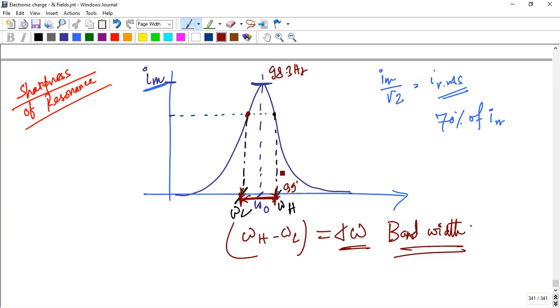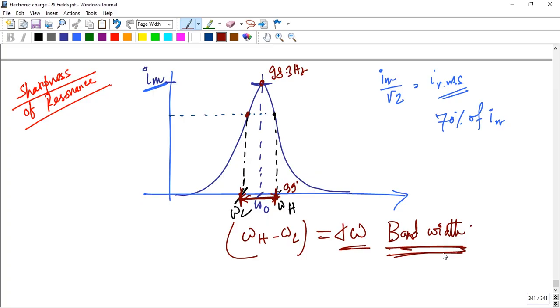Below that, suppose 97 or 96, there is huge noise, meaning almost zero output. If you listen to the radio there, the quality is very poor, and at this point the quality is very high, good quality, and in between these two you also get good quality. That's why this bandwidth is very important.